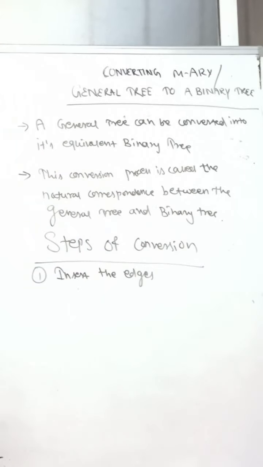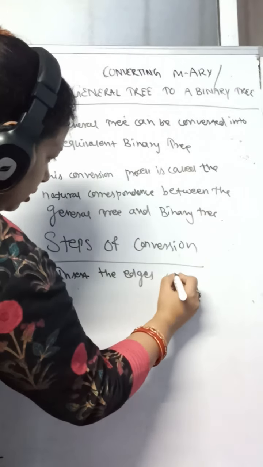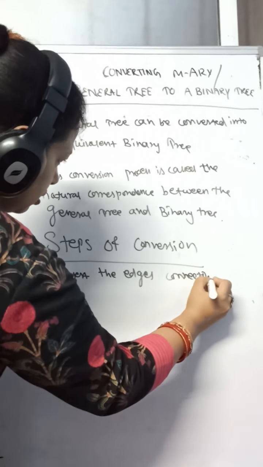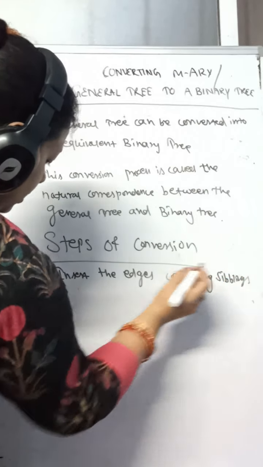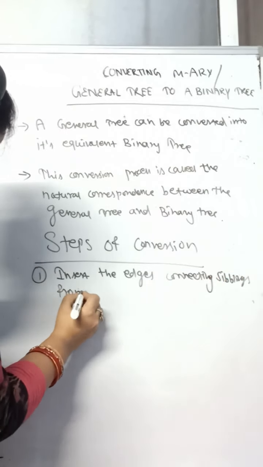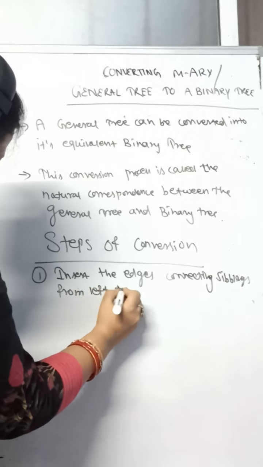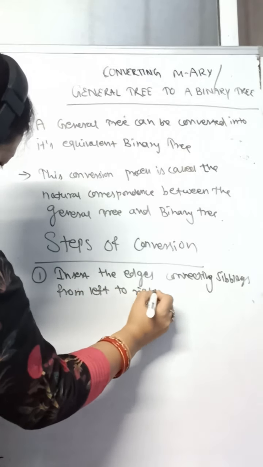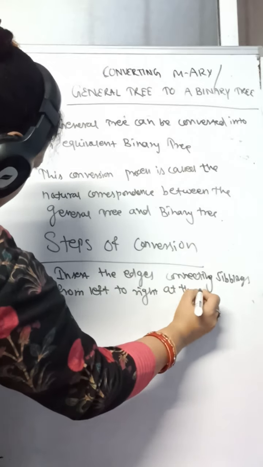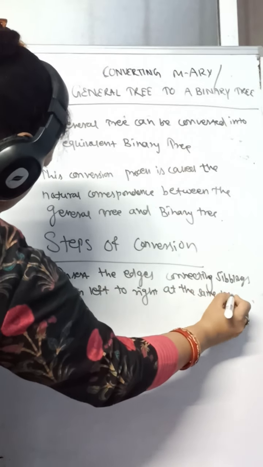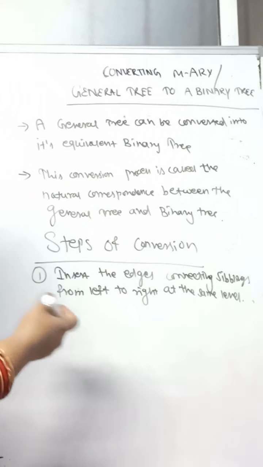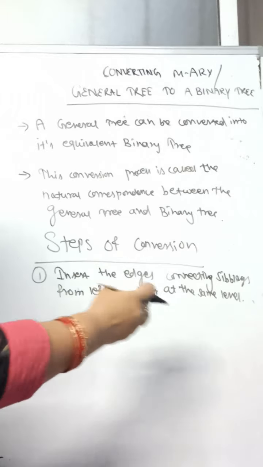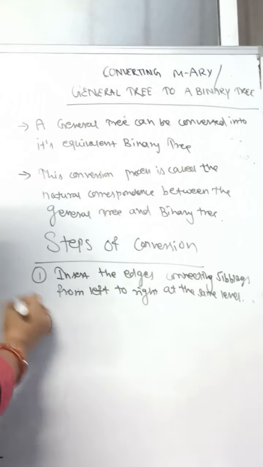Insert the edges connecting siblings from left to right at the same level. I have to go on connecting siblings from left to right at the same level, starting from the left of the tree.